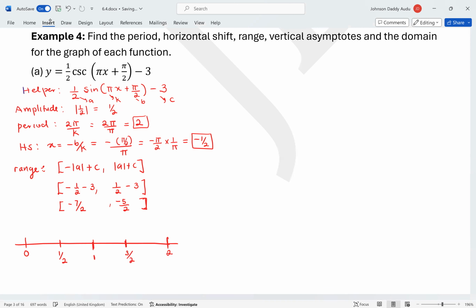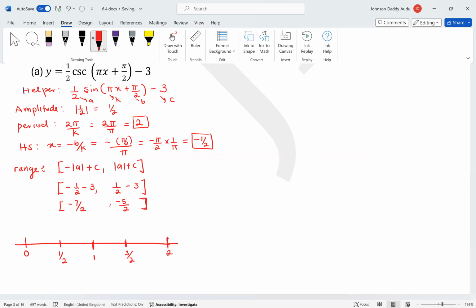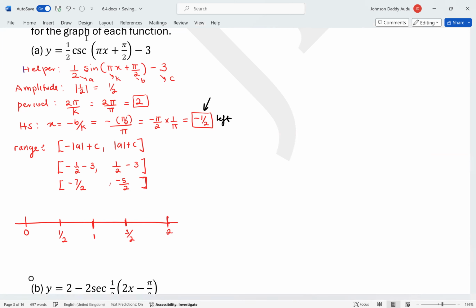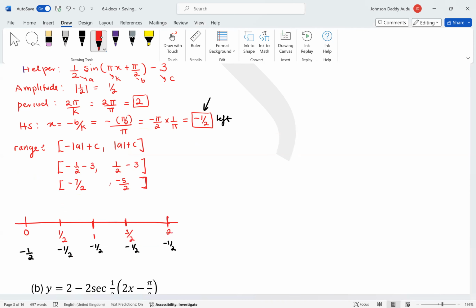But now we have our horizontal shift. Look at our horizontal shift: it's minus half, which means to the left. So we have to remove half from each of these points.